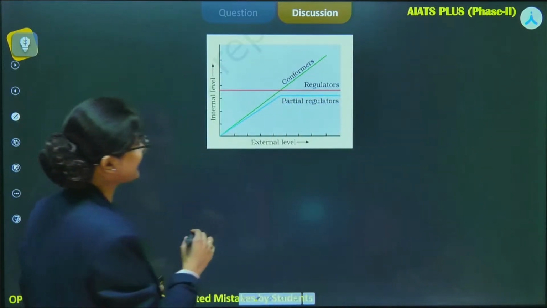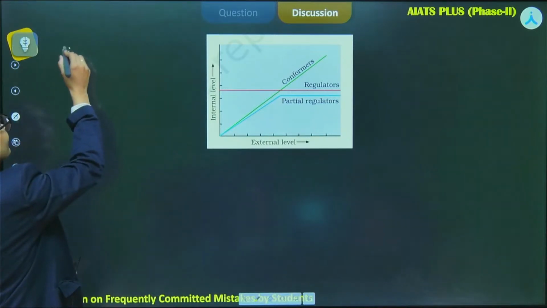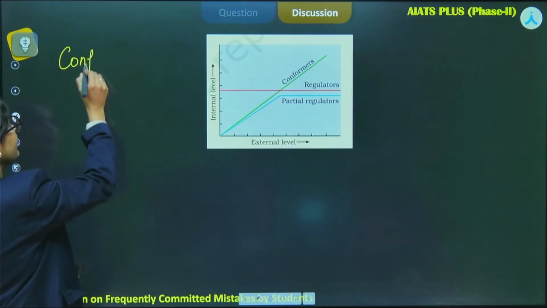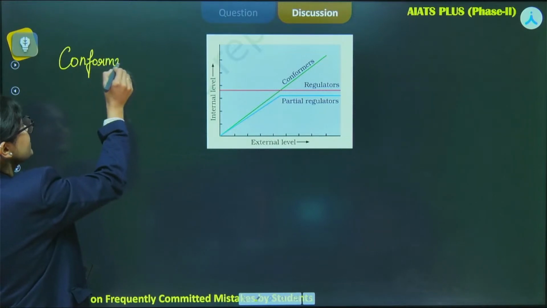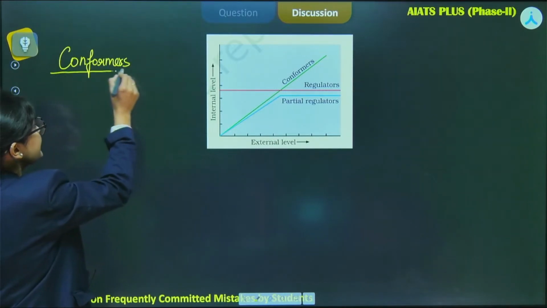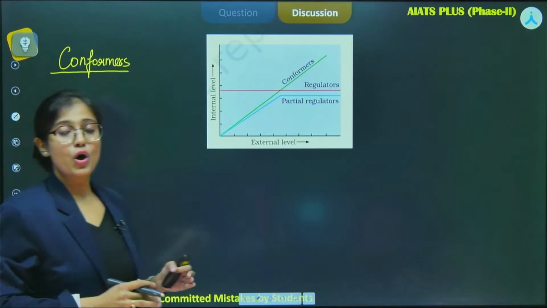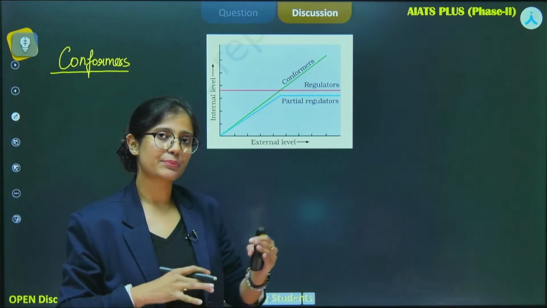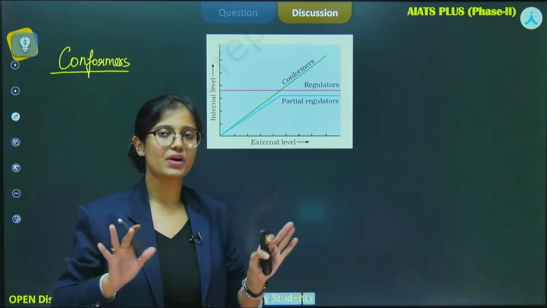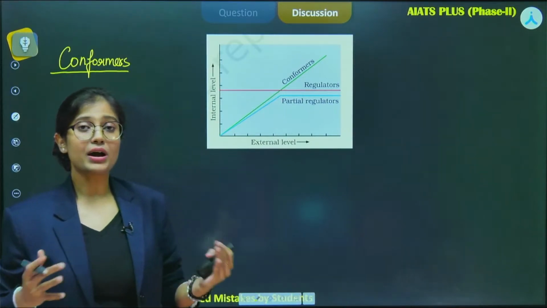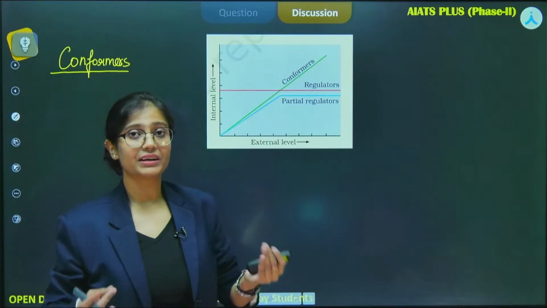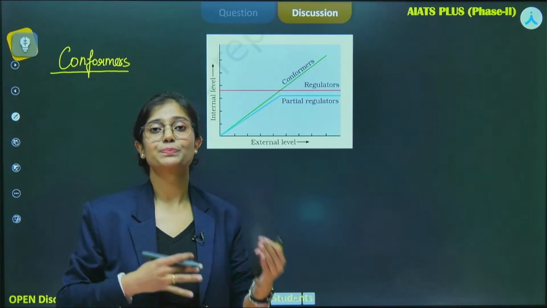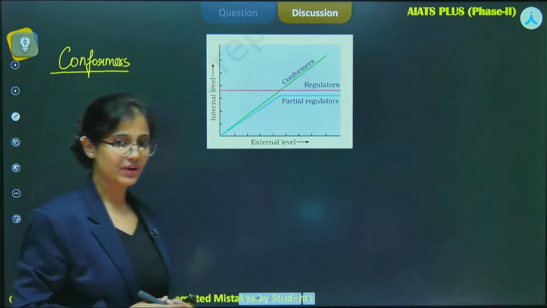So first one is conformers. These are the organisms which are not able to maintain their temperature if the temperature of the environment changes. They do not have the ability to maintain their internal environment with respect to the external environment.